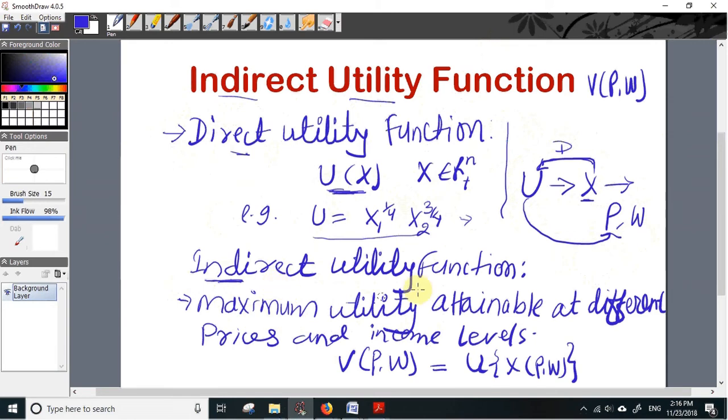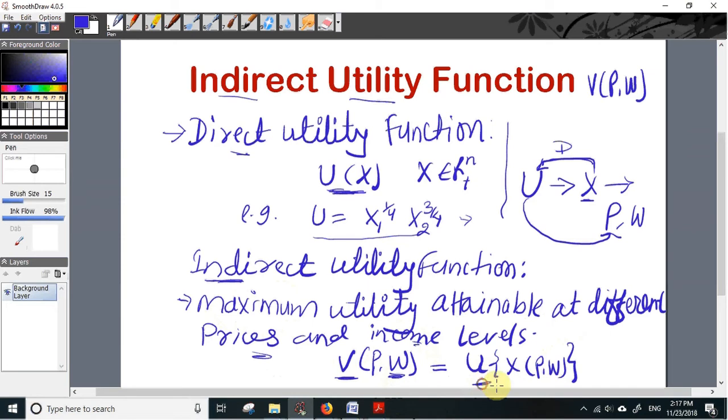So this indirect utility function is a function of prices and income or wealth, and it shows the maximum utility attainable at different sets of prices and different income levels. This is generally denoted by V, and it depends on prices and income, not on the quantities of commodities. It depends on the quantities indirectly, but it is a direct function of prices and income level.